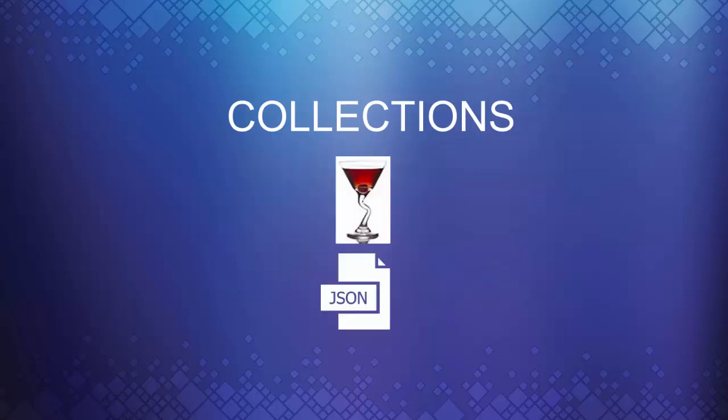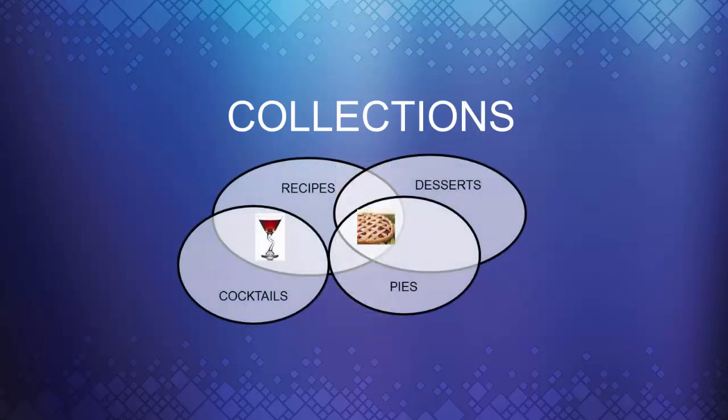Now let's say that we add another recipe to our database, and this recipe represents the classic cocktail, the Manhattan. This document about the Manhattan might also be in the recipes collection, and maybe another collection for cocktails. But it's not in the collection for pies or desserts. We could visualize the organization of our database in this way.